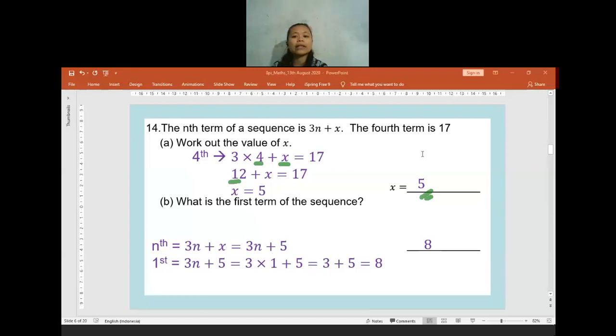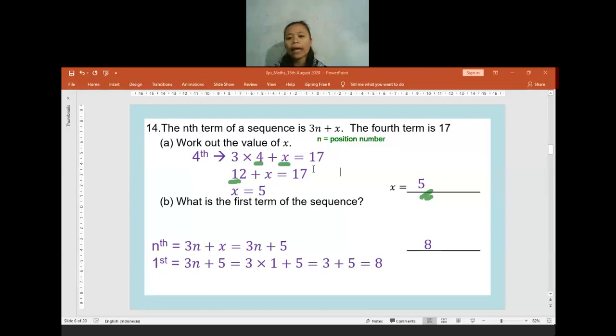So the letter n is the same as the position number. That's why for the fourth term, I can replace the n with 4, because the position number is 4. That's why the x will be equal to 5.